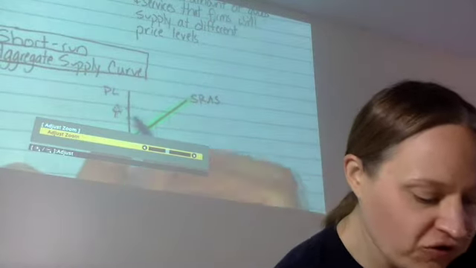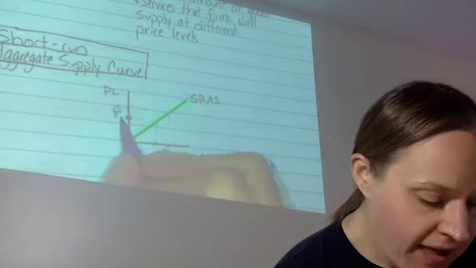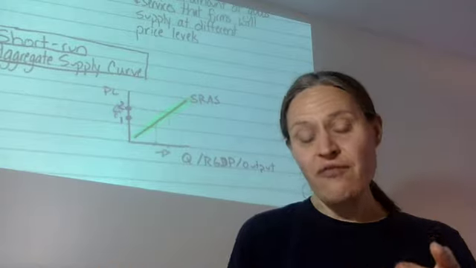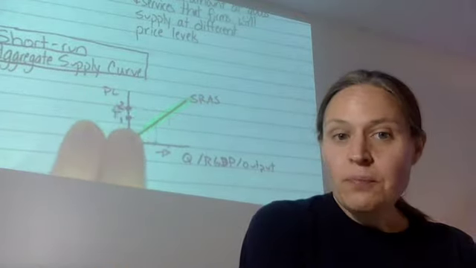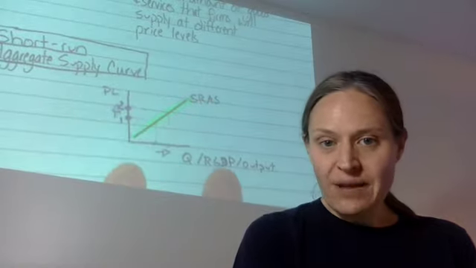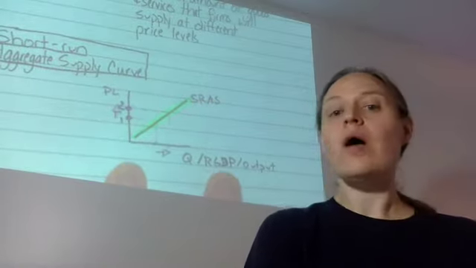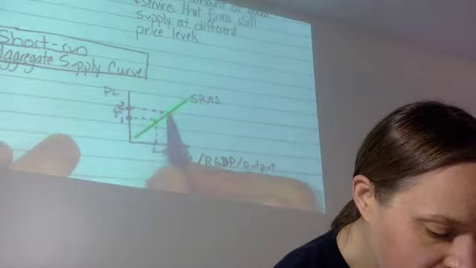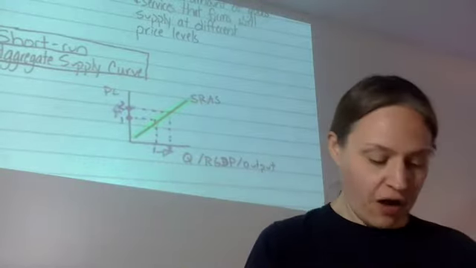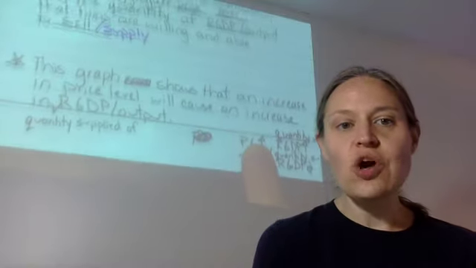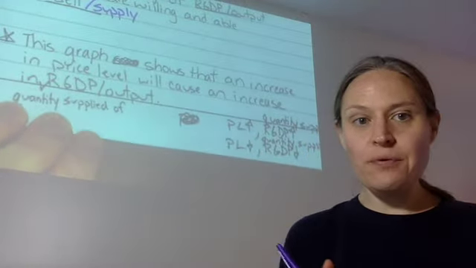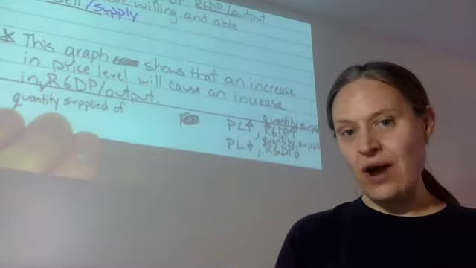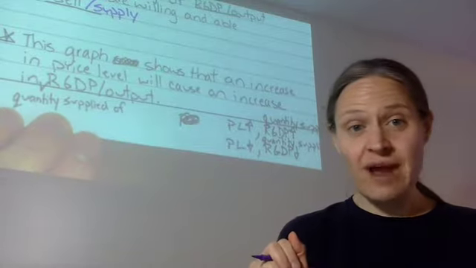Now, if we were to draw in one price level, and then move it up to a second price level, well, then we can know from this graph, if the price level increases, what will happen to the quantity supplied of real GDP? Well, we can see that it would go from here to there, which is an increase. So this graph is showing us that an increase in price level will cause an increase in the quantity supplied of real GDP or output in the short run. That's what this graph is showing us.